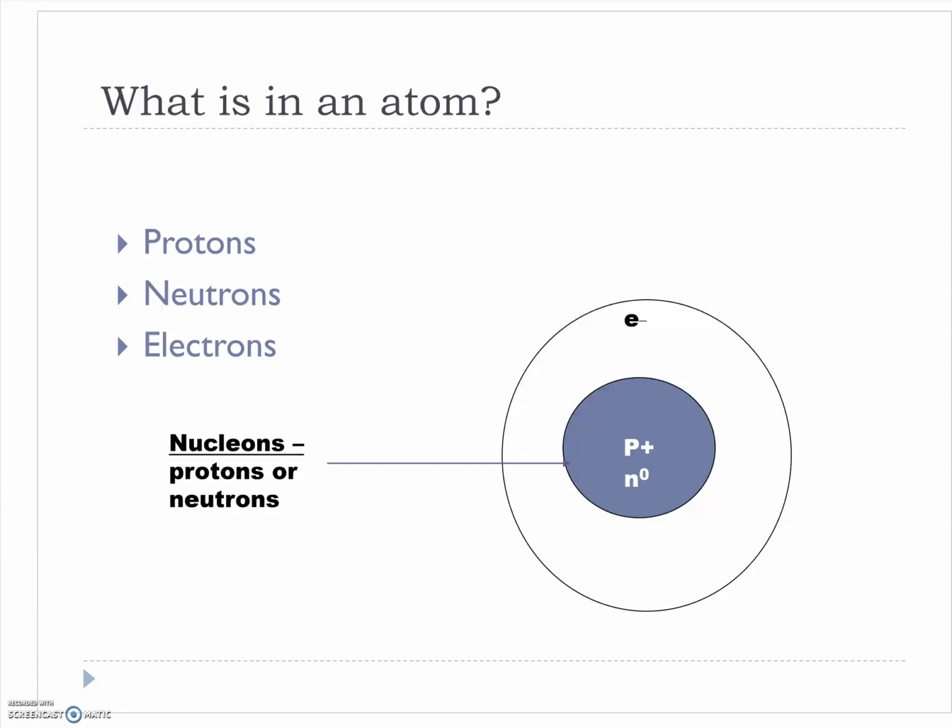Just to review, when we're talking about nuclear reactions, we're talking about the protons and the neutrons in the nucleus. Remember, protons have a positive charge, neutron is neutral, and of course the electrons are out in the electron cloud with a negative charge.